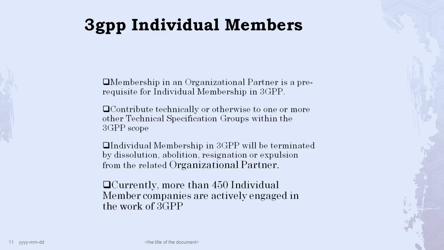These members can be terminated or expelled from the OPs, which means that they can be removed if one of the OPs decides so. Right now there are around 450 individual members within the 3GPP.